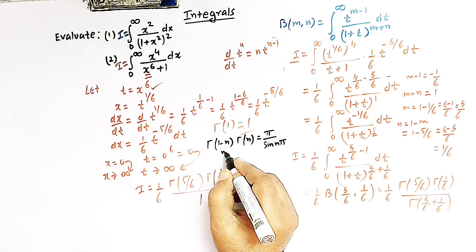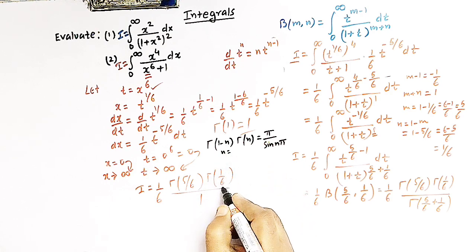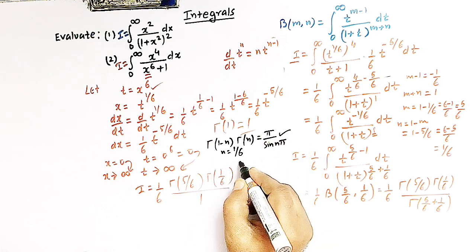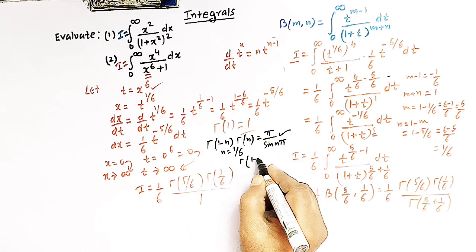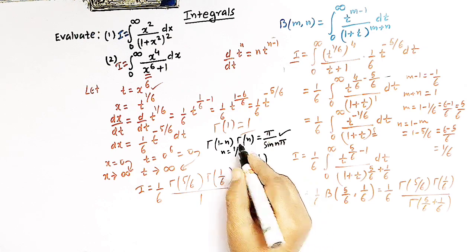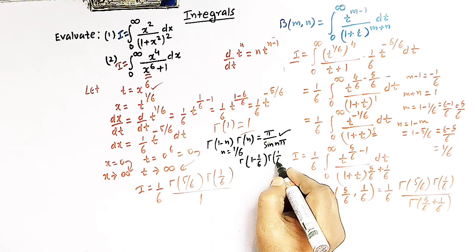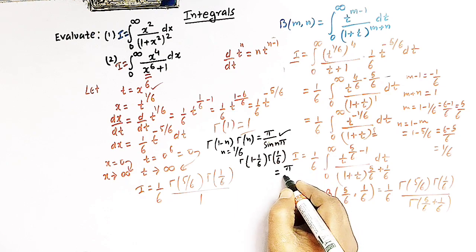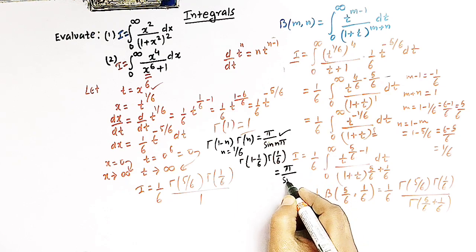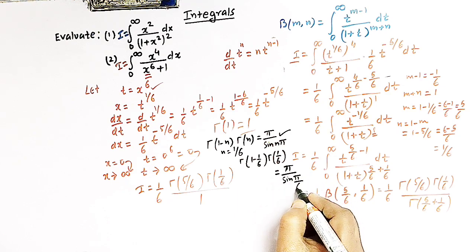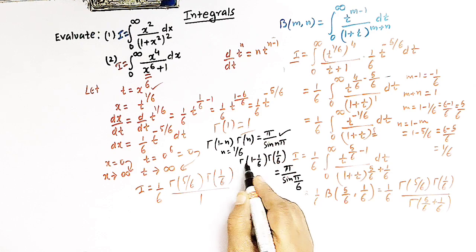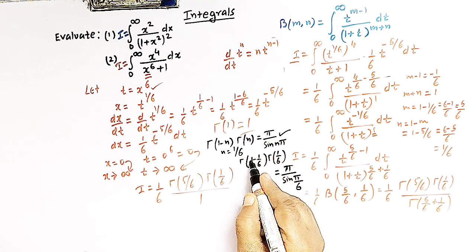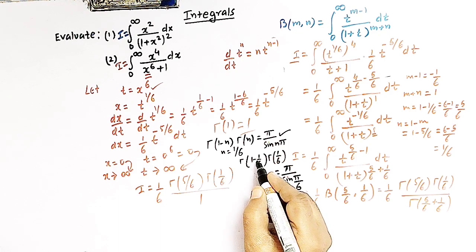And if we take n is equal to 1 over 6 in this result, then we have gamma 1 minus 1 over 6, and then we have gamma 1 over 6, and that is equal to pi divided by sine pi over 6. So gamma 1 minus 1 over 6 is gamma 6 minus 1, that is 5.